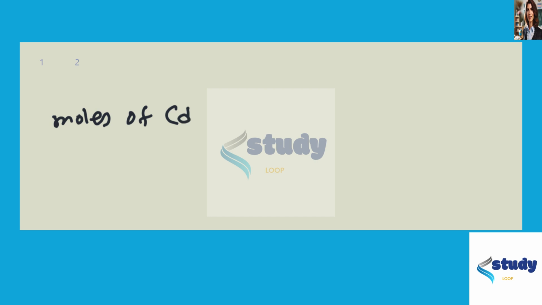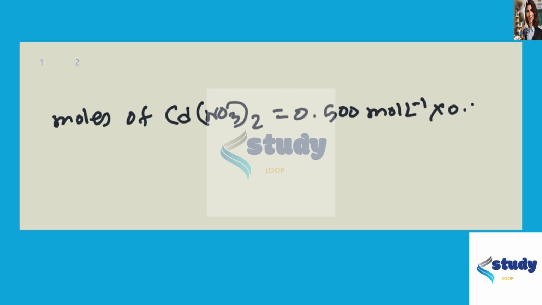So moles of cadmium nitrate is the concentration of the cadmium nitrate, which is 0.5 molar or mole per liter, and then we have to multiply it by the volume, which is 35 milliliters or 0.035 liter.